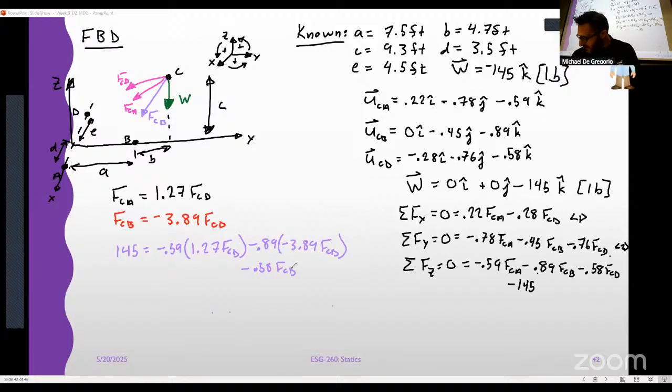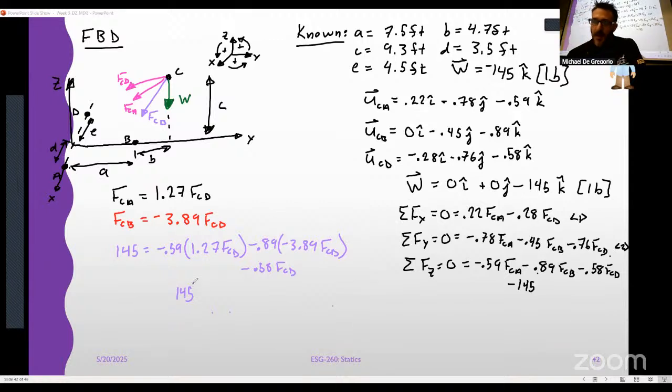The page doesn't turn. Where am I? Oh, I'm in the wrong part of the problem. There we go. All right. So what we end up seeing is that 145. Did I mess something up? Is there not a negative there?